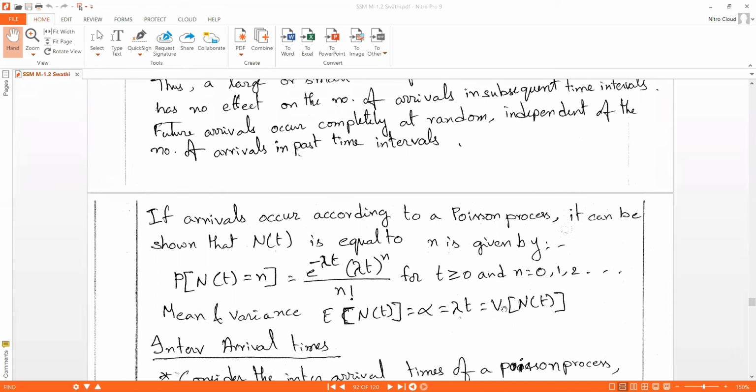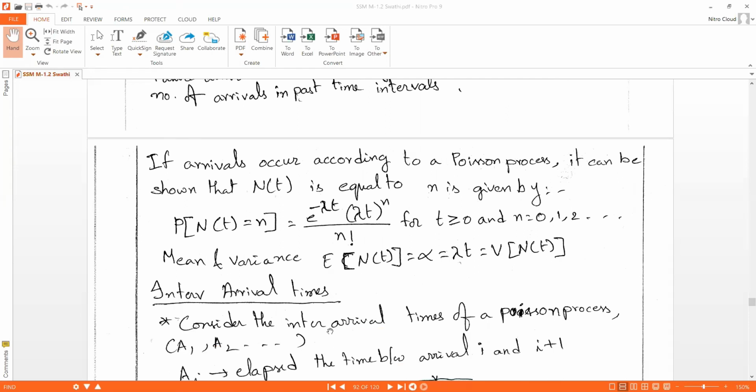Here the mean and variance are same. Mean is equal to variance.